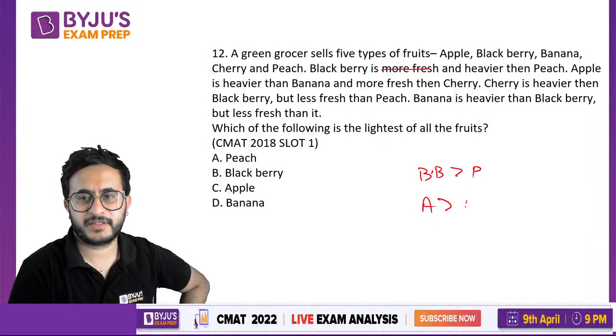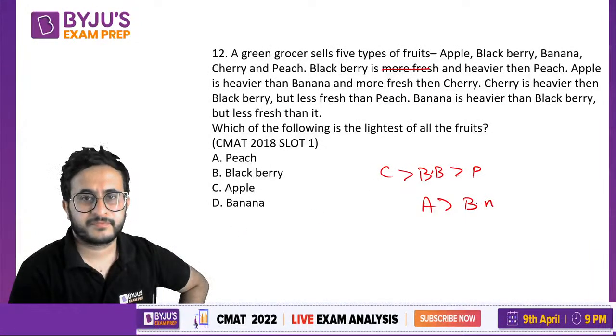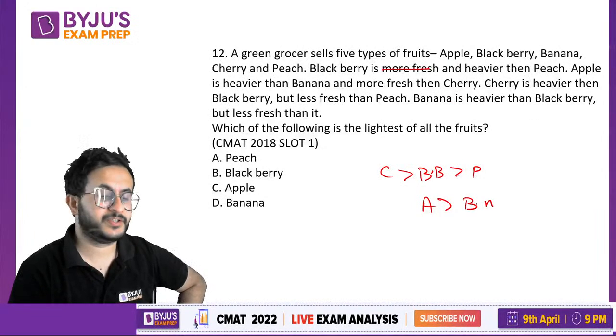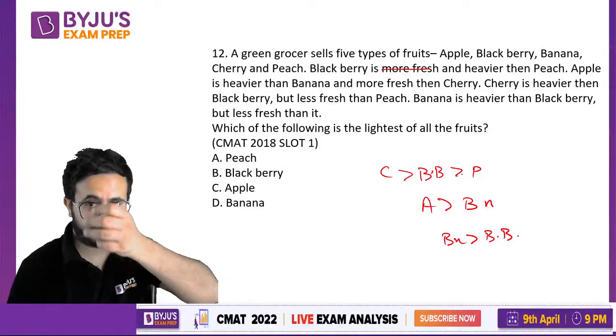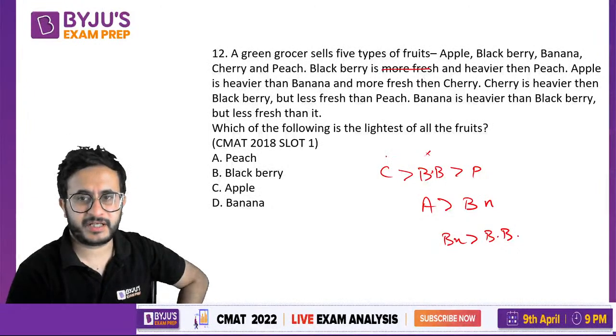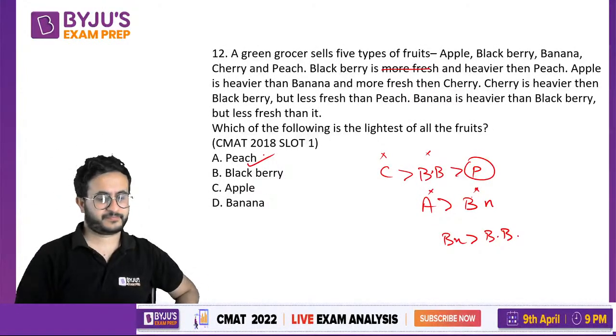Cherry is heavier than blackberry. Banana is also heavier than blackberry. Now, blackberry is heavier, so this cannot be the lightest. Banana is heavier, so banana cannot be the lightest. So this means peach will be the lightest.